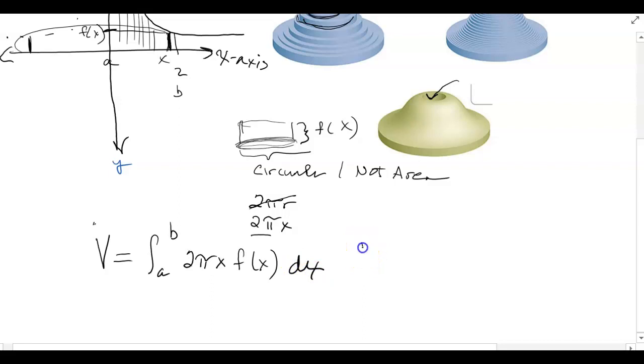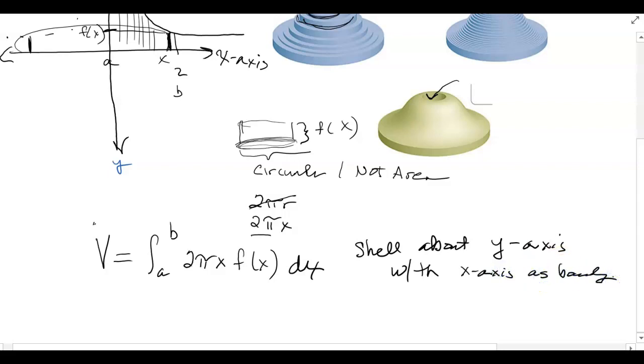This is a shell that revolves about the y-axis, but this particular one, just to clarify, has the x-axis as a boundary. So we don't have to subtract out another function.